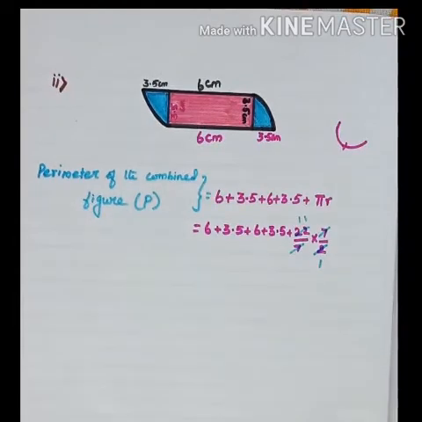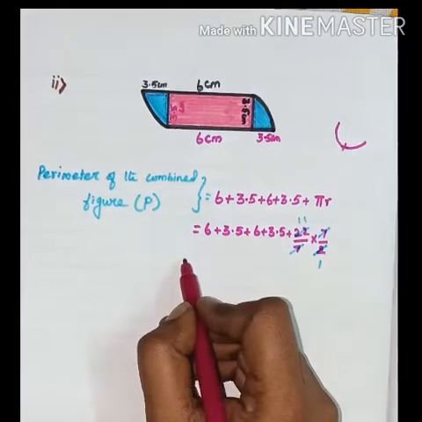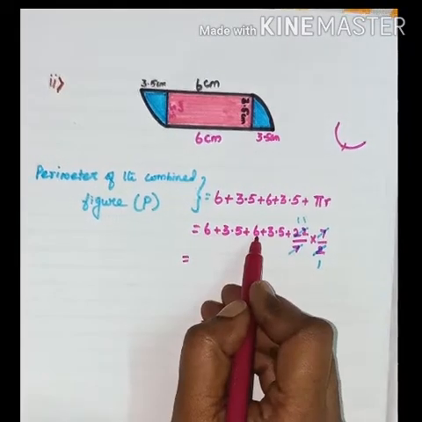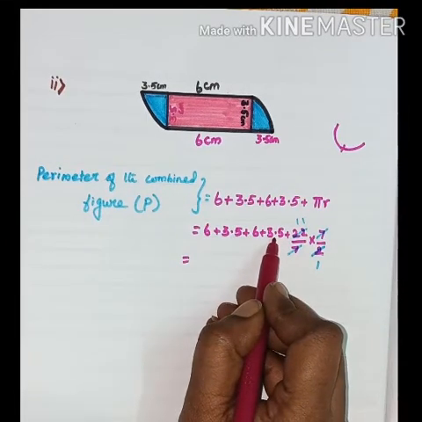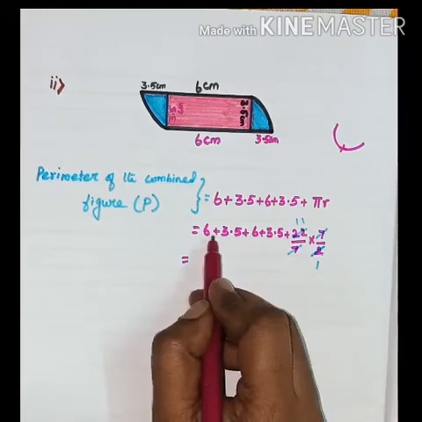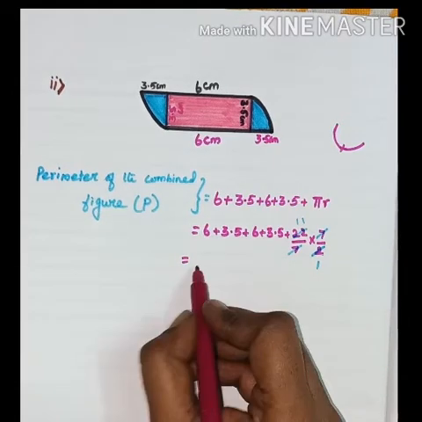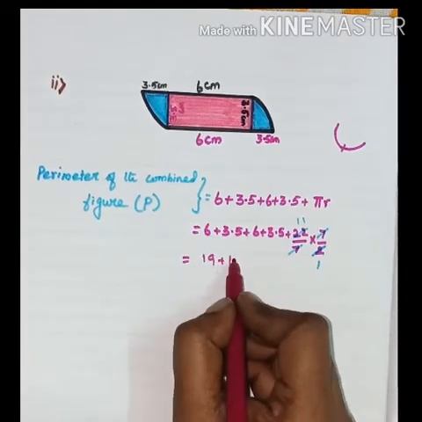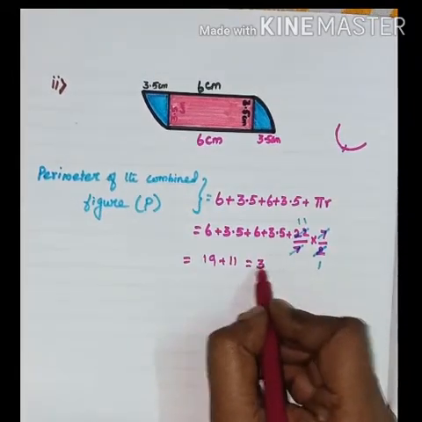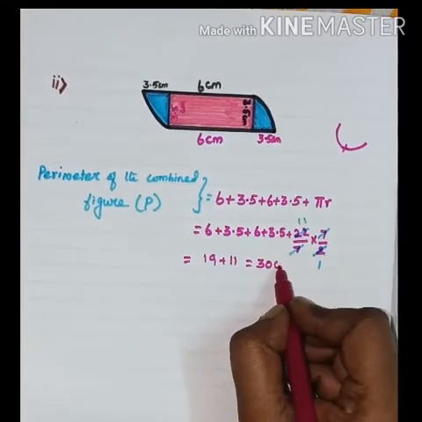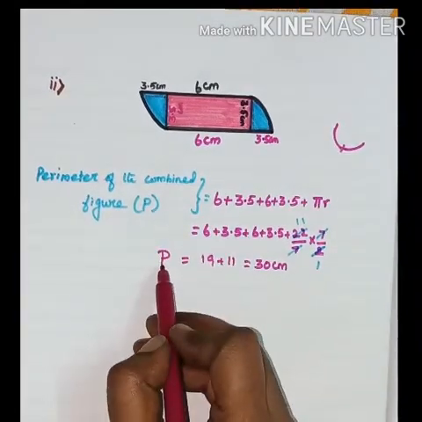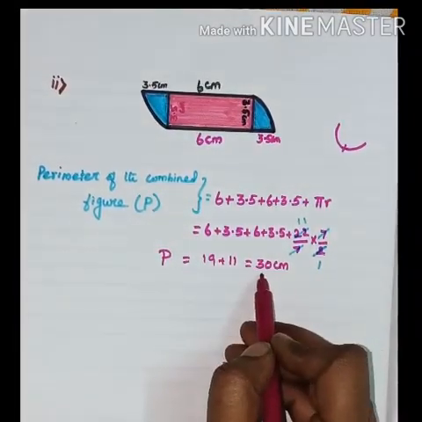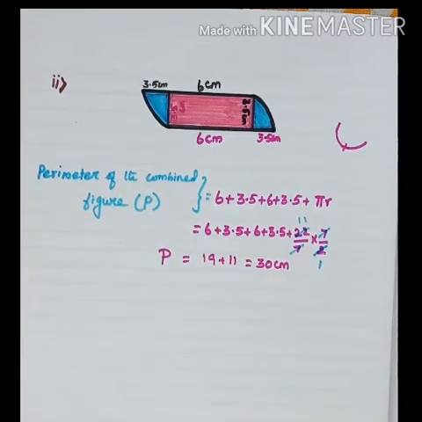Now we'll add the values. 6 plus 6 is 12, 3.5 plus 3.5 is 7, 12 plus 7 is 19, plus 11 is equal to 30 centimeter. Perimeter of the combined figure is equal to 30 centimeter.